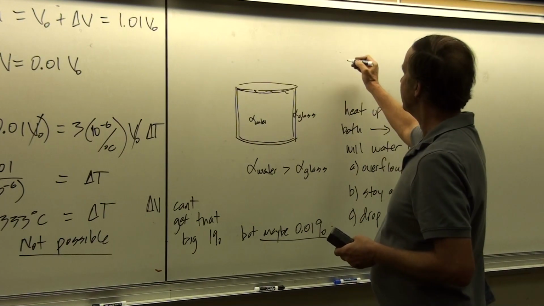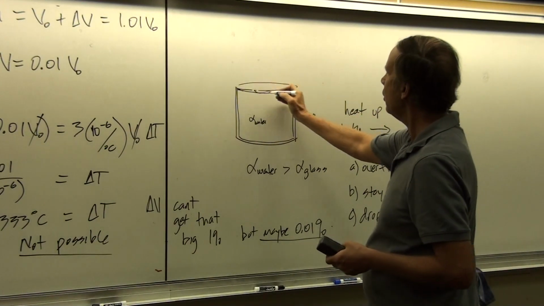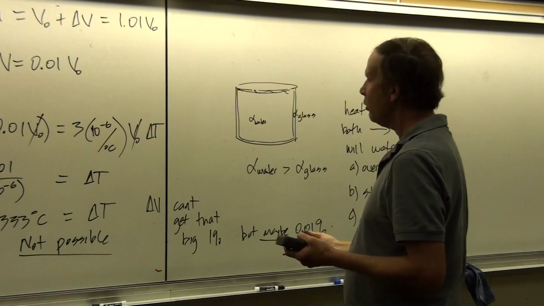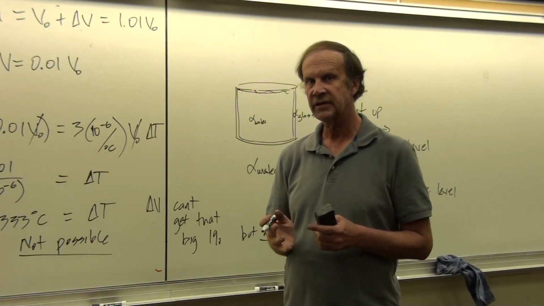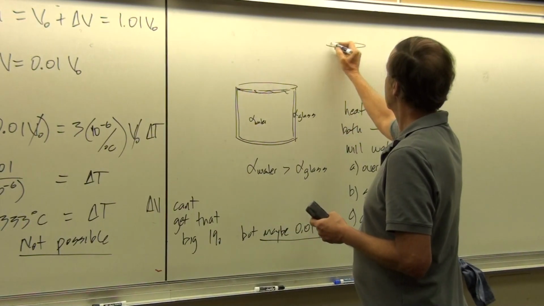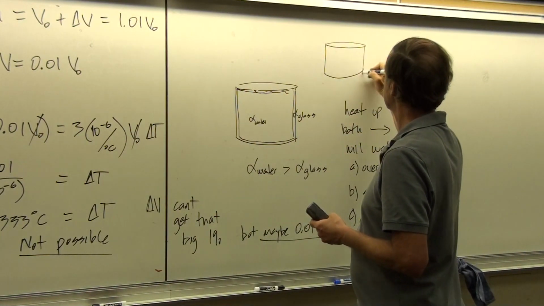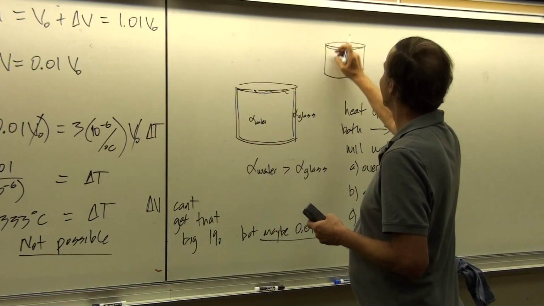Well, first we have to understand that if you have a hole in something, the hole grows just as fast as if there were, in this case, glass in there. So this glass container has a big hole in it, right?